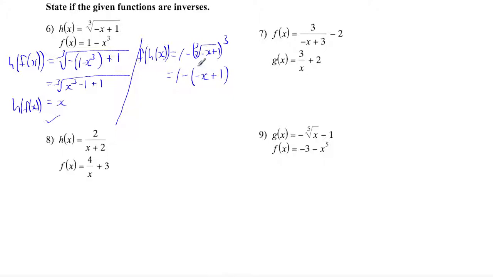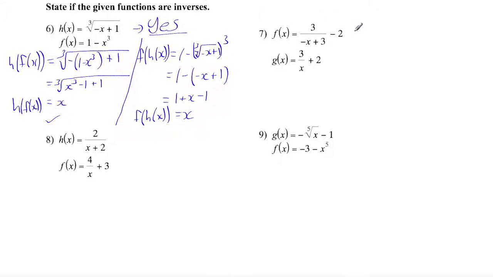This negative sign again distributes in, so I get 1 plus x minus 1. The 1 minus 1 cancel, so f of h of x is equal to just x. So are these inverses? Yes, they are, because the two compositions reduce to x.